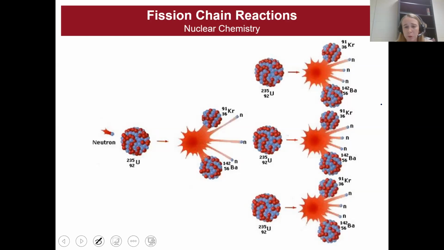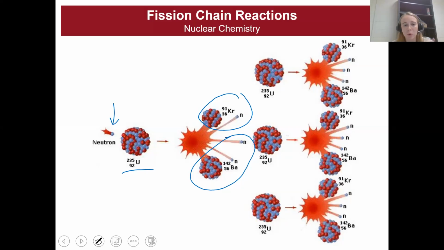So nuclear chemistry is really cool. You might learn a little bit more about it in Chem 120. It's an optional topic in Chem 120, so it depends on your instructor. But basically what happens is they fire a neutron using an atomic collider at a uranium atom, in this case the 235 isotope, and that causes it to split apart into smaller pieces and some other neutrons. There are many different ways that can happen.